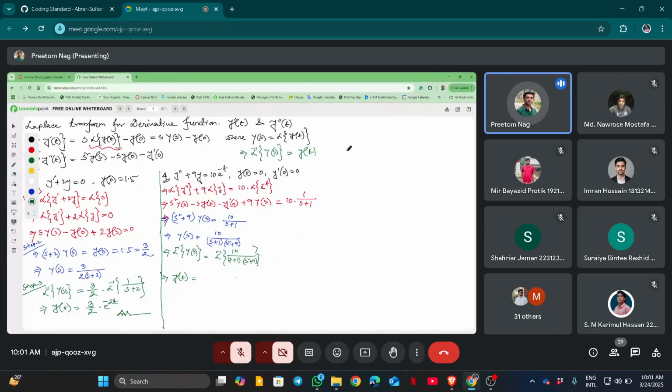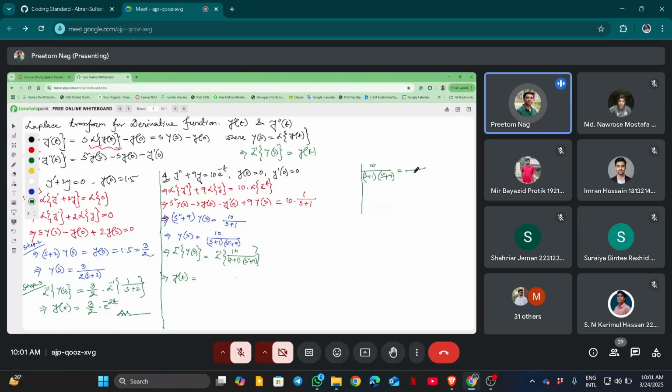That is doing this calculation on the right hand side: 10 by s plus 1 into s squared plus 9.